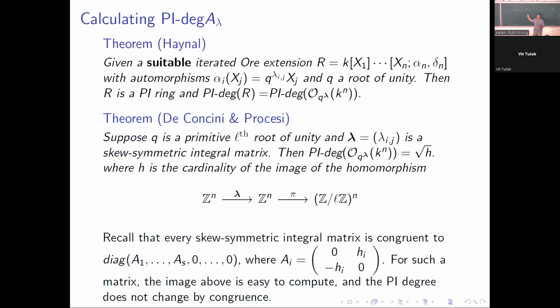It's not very hard in that case to compute the image. It will be related to whether this is 0 or not, for instance, modulo L. There's a bit of arithmetic to be done, but it's nothing difficult at that point.